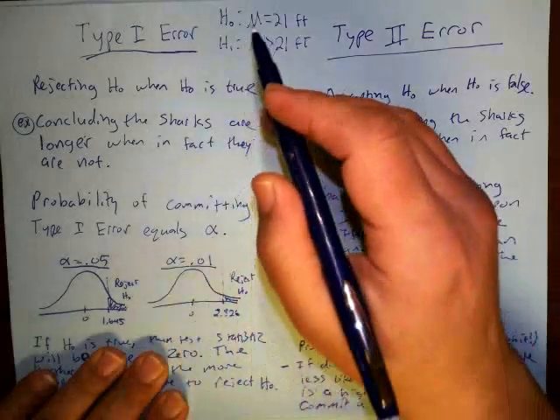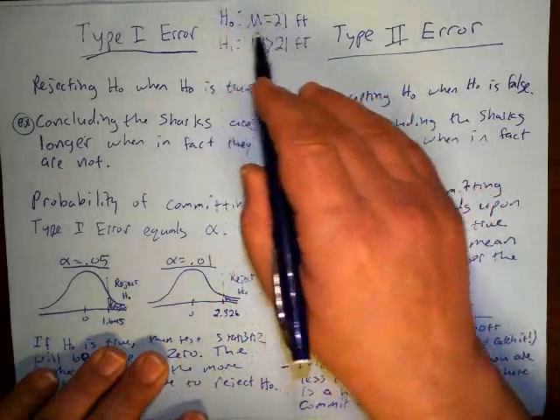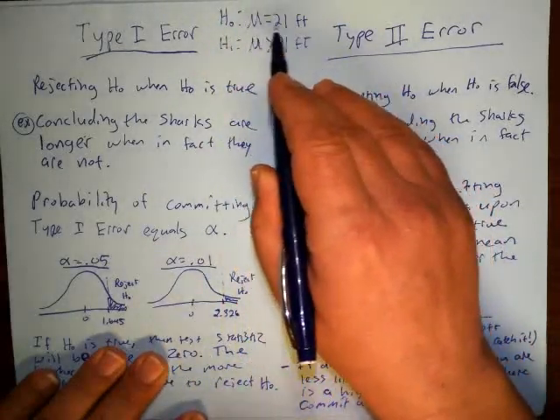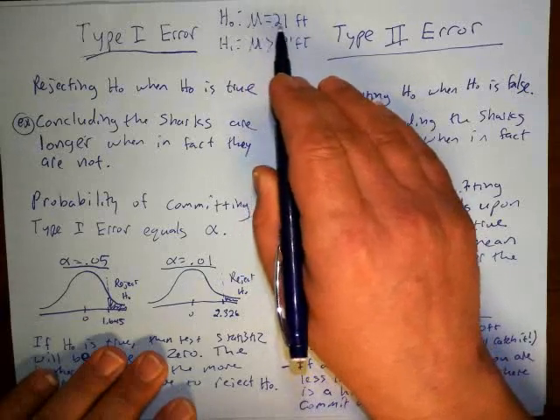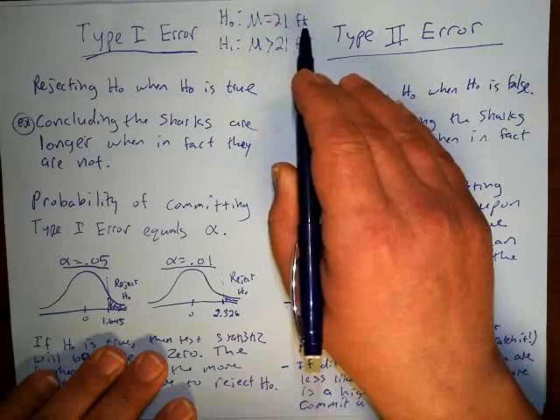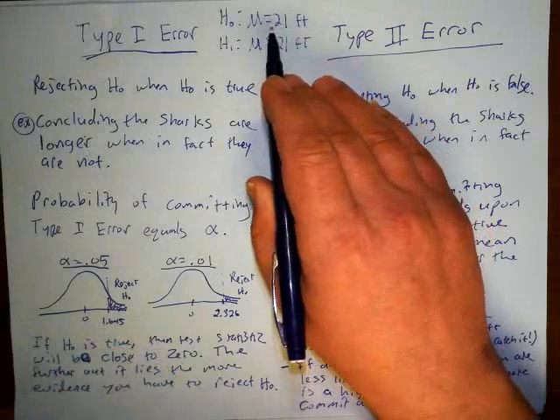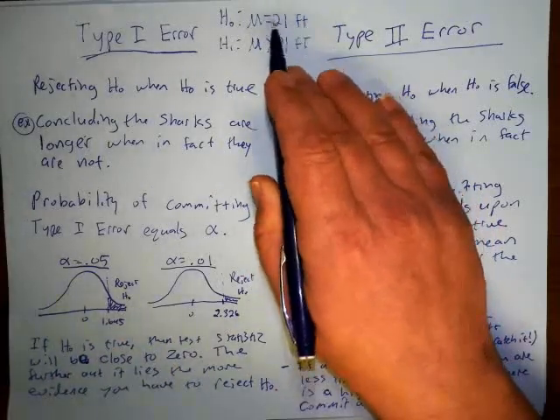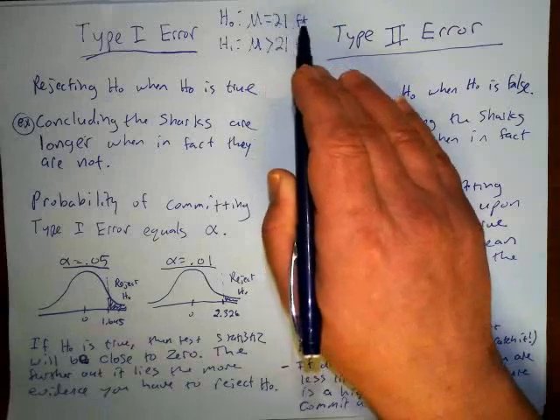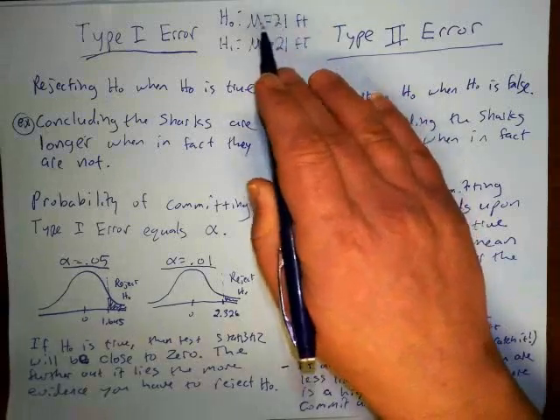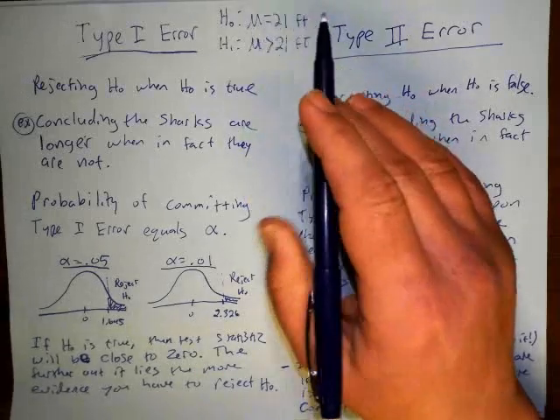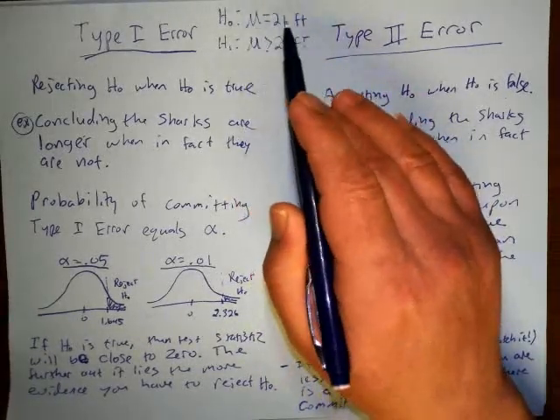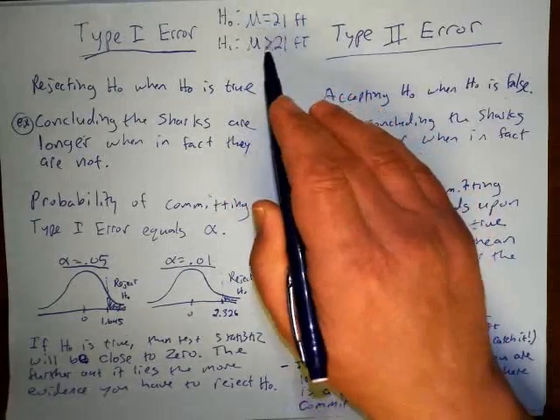And so the null hypothesis, H0 here, assumes that there is no difference, that the average of the sharks off the coast of Bermuda is equal to 21 feet. So the null assumes that the hypothesized mean is true. 21 feet is the hypothesized mean. The null assumes that that's true.